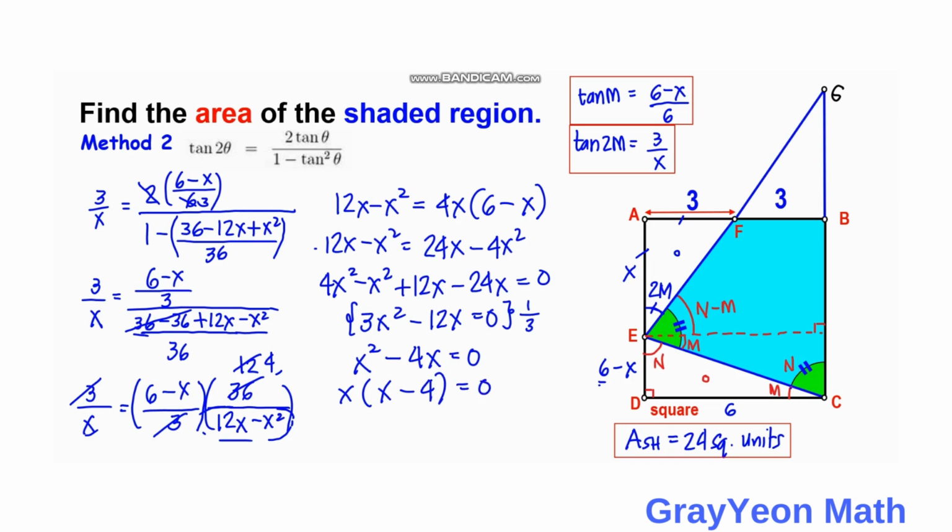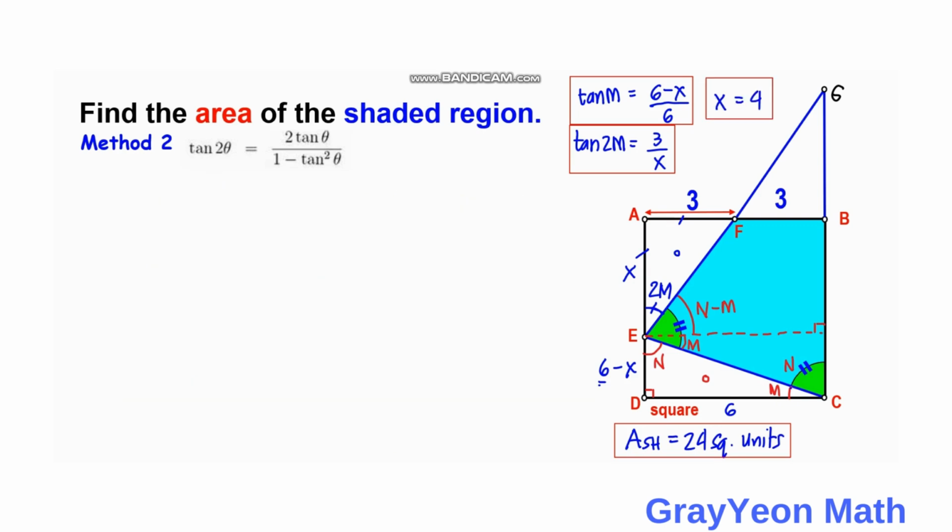For the first instance, x is equal to 0, and the other is x minus 4 is equal to 0, so x is equal to 4. Again, we are going to get only this 4 because there is no 0 distance. Since x is equal to 4, this 6 minus x becomes 2. So this length ED is 2.